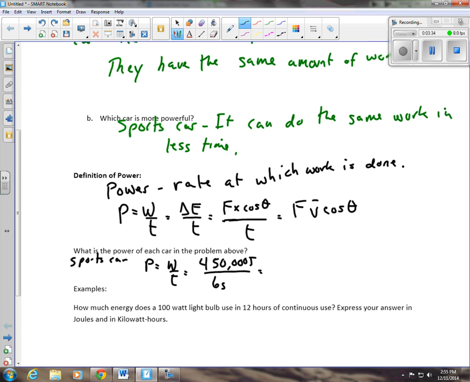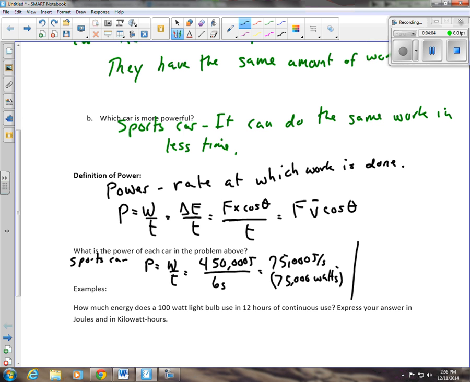That gives us 75,000 joules per second, or 75,000 watts. Watts is the unit of power, and a watt is equivalent to a joule per second. So when you say you have a 100-watt light bulb, you're telling the power that light bulb is using.